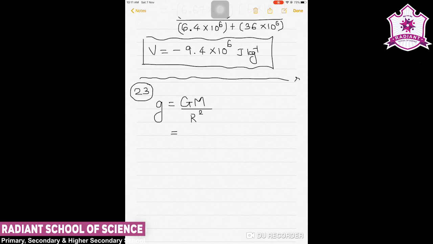So here we can replace all the values. We give G as 6.67 into 10 raised to minus 11. Then the mass is given as 2.5 times the sun, so 2.5 into 2 into 10 raised to 30 kilogram.